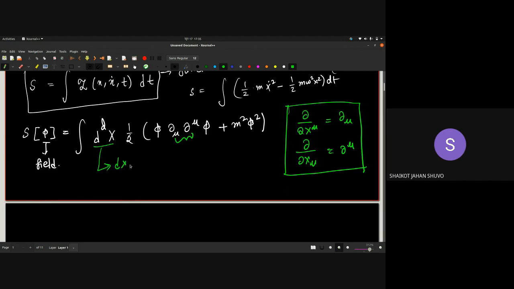So this integration measure actually consists of dx1, dx2, dx3, up to dx d. If it were a three-dimensional thing, most of you maybe write it like this, dx dy dz, but it can also be written as d cubed x. That's it. Saves your space and your time.